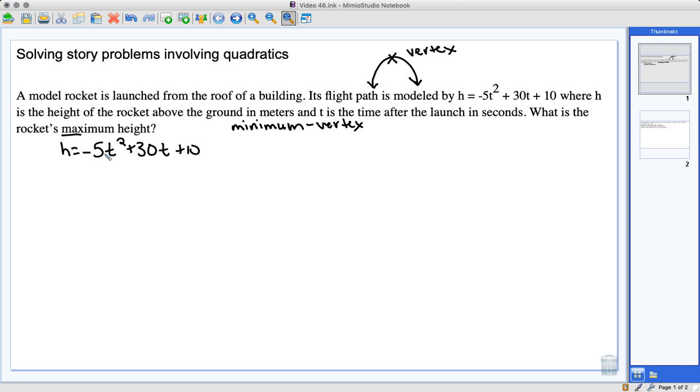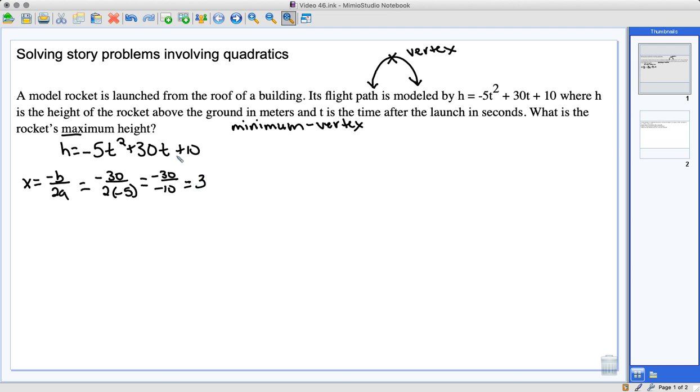To find the vertex, you start with x equals -b over 2a. So that would be -30 over 2 times -5.